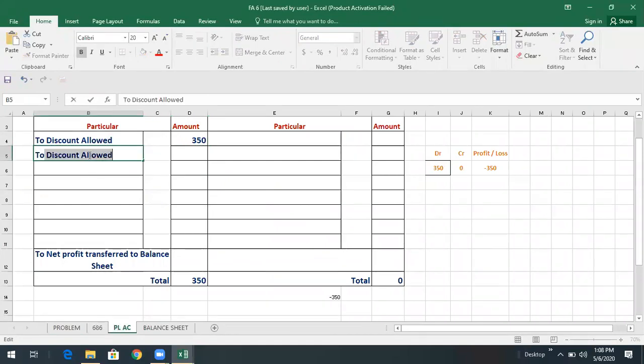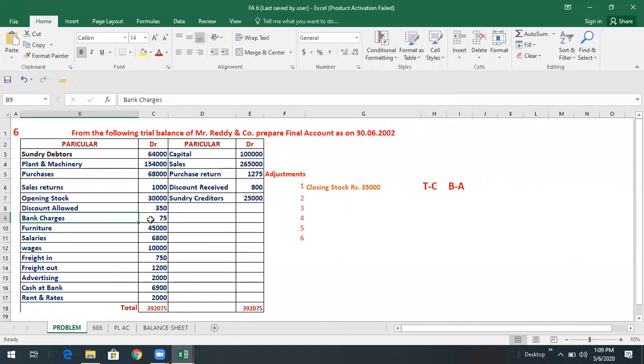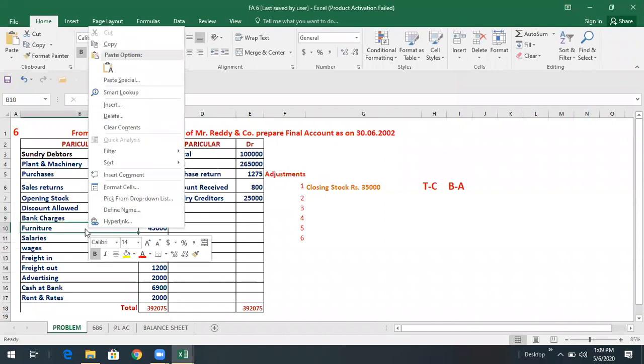So I'm entering here to bank charges. What is the value of bank charges? 75 rupees. So you enter 75 rupees. Your bank charges 75 rupees. I entered 75 rupees.